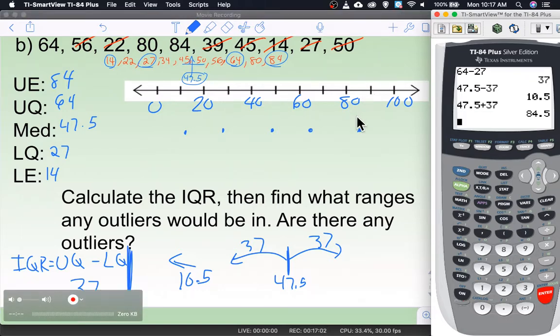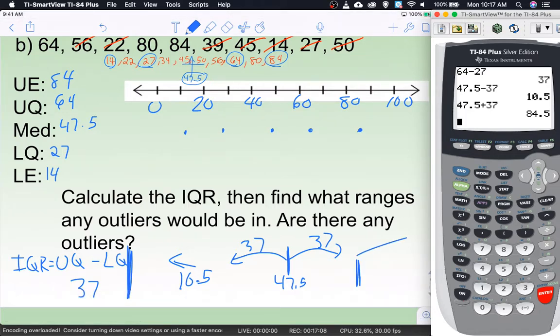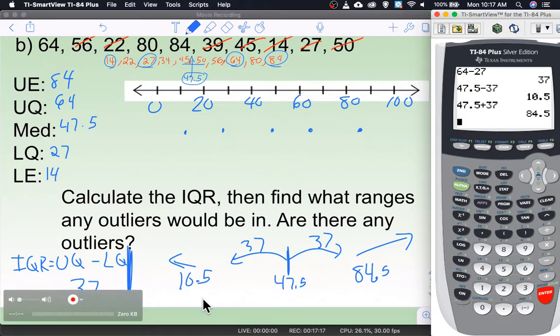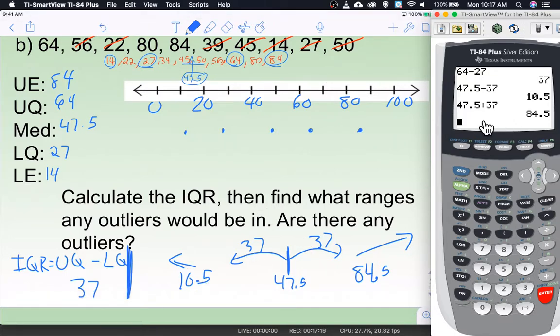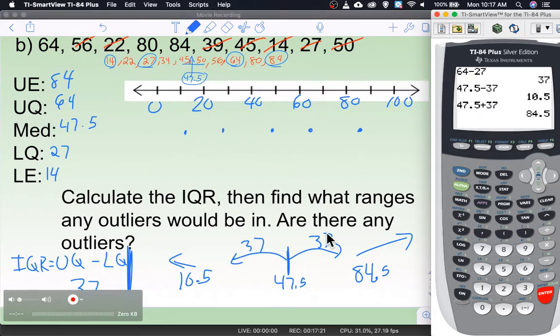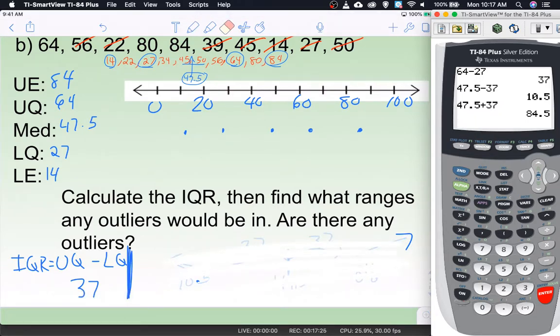Man, that 84 that we had was almost an outlier. So from 84.5 or bigger is an outlier. Okay, so the outliers would be anything I did. Oops, no, I lied. Rewind what I just said.